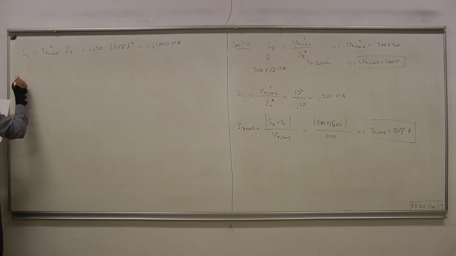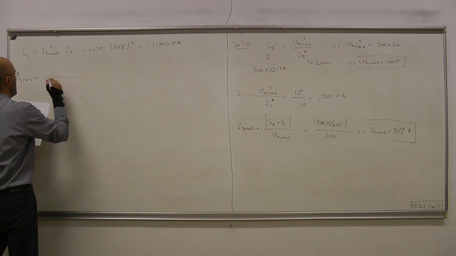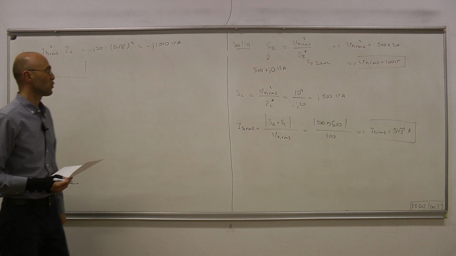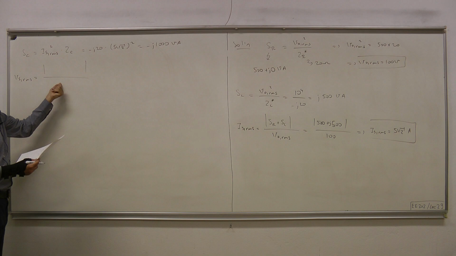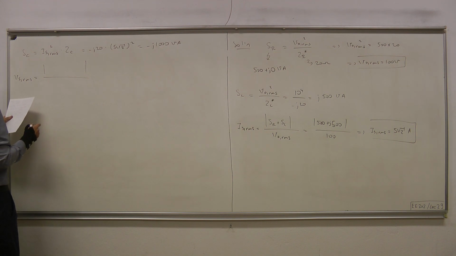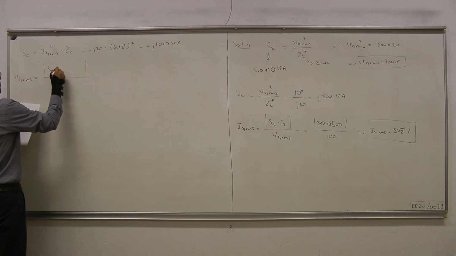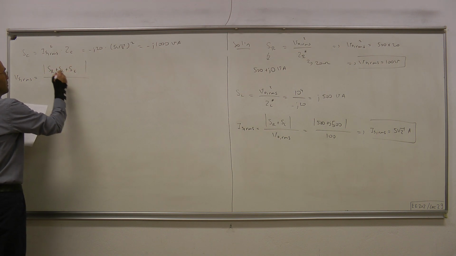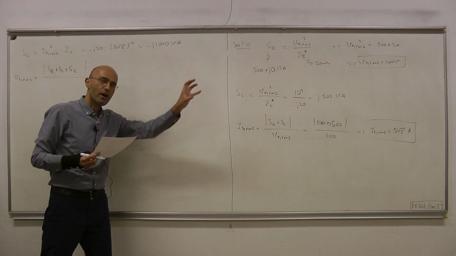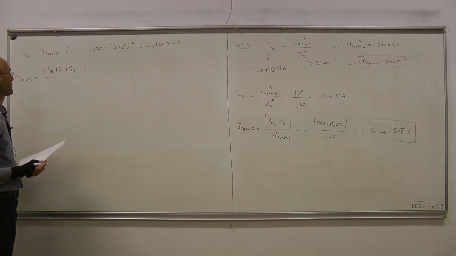Then Vs RMS equals the apparent power supplied by the source divided by the effective value of the current leaving the source. So what we have is SR plus SL plus SC. Due to conservation of power, this sum must equal the complex power supplied by the source.